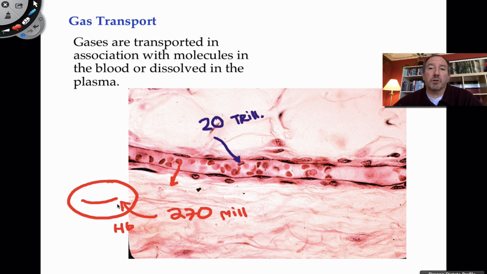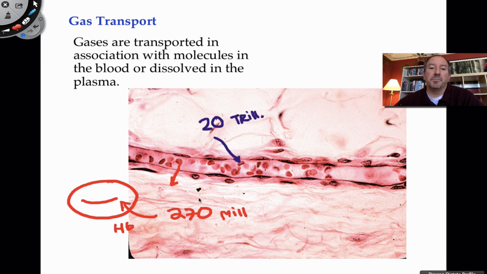That's a lot of protein per red blood cell. And as a result of it, the red blood cell, when it's fully developing inside the bone, in the red marrow, jettisons its nucleus after it's created all that protein so that it has even more space to carry it. And the cell itself is kind of flat and made up of simple squamous so that it maximizes its ability to offload the oxygen.